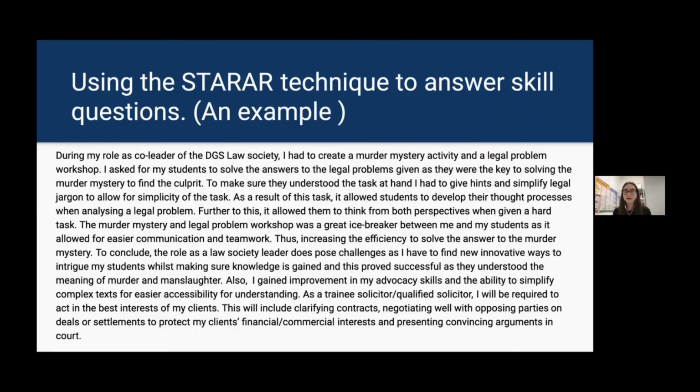Quickly, does anyone have any questions about that? Or can any of you think of examples where you've had to use this, or examples where you think you can use the situation, task, action, result, the STAR technique? Yeah, I think I had to use this recently when I was applying to Latham and Watkins for work experience.